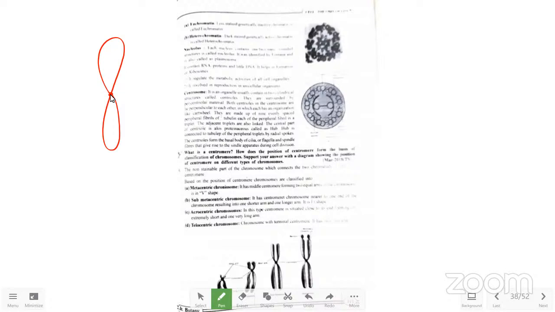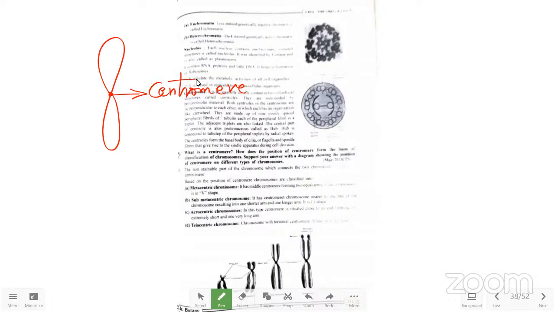This centromere is the non-stainable part of the chromosome which connects the 2 chromatids, or which divides the chromosome into chromatids. That is called the centromere. And this centromere will be present at different positions on the chromosome. Based on that, we can say 4 different types of chromosomes are there.